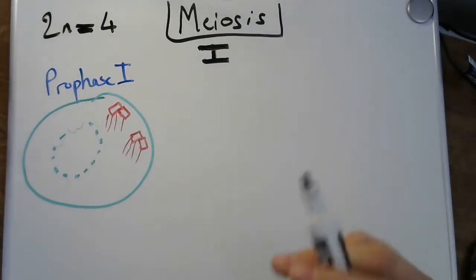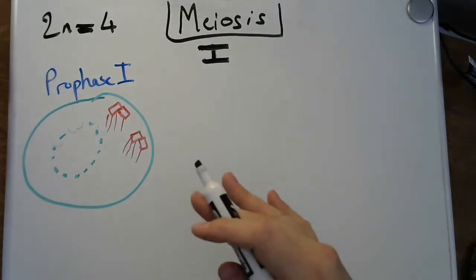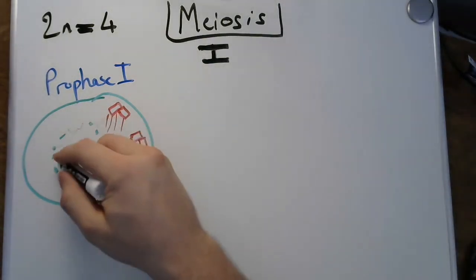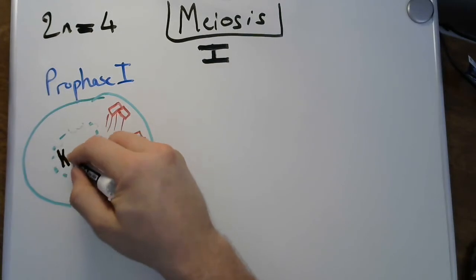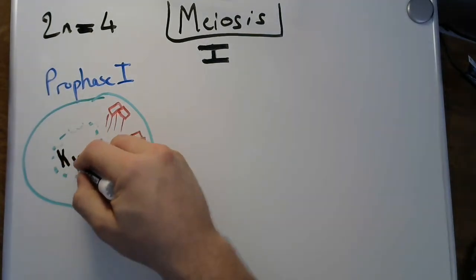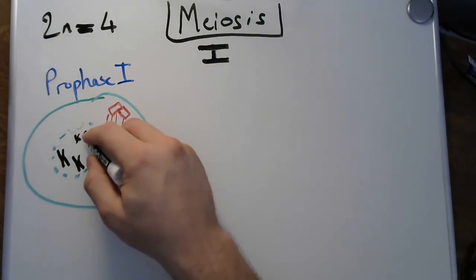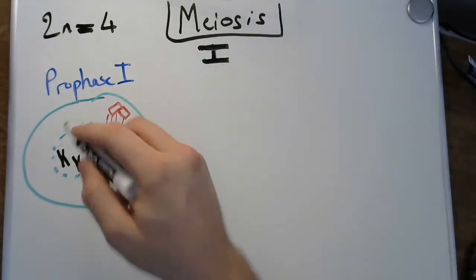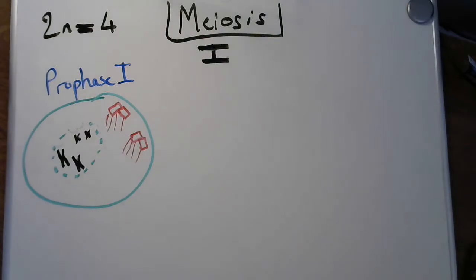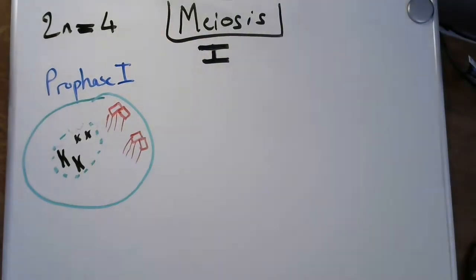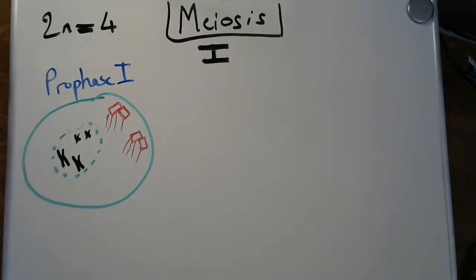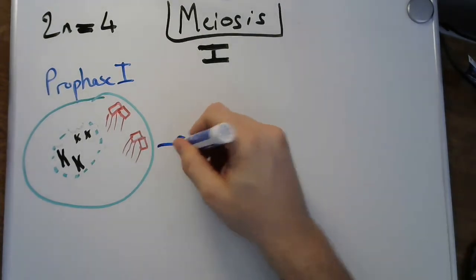So instead of having that wall that is all kind of messy, you start having a clear vision of chromosomes. And since we have 2n equal 4, we have 2 pairs of chromosomes, which makes 4 chromosomes total. And they are replicated, those chromosomes. Okay, so that is the first phase of meiosis.